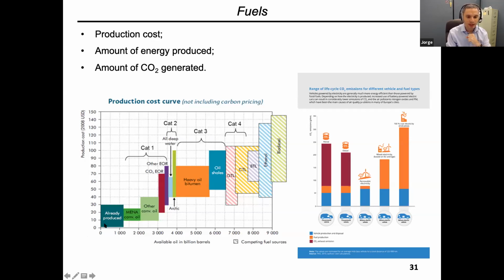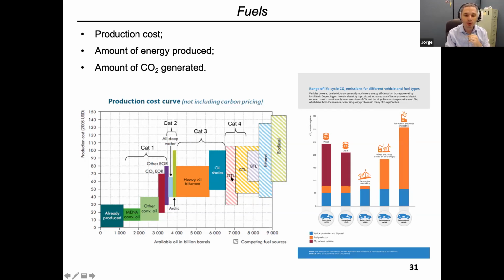So see here that what's already produced has a fairly large availability, and it's very, very cheap to produce gas. And that's one of the reasons that we use gas till today. It's really cheap to produce gasoline or diesel, and the availability is fairly large.